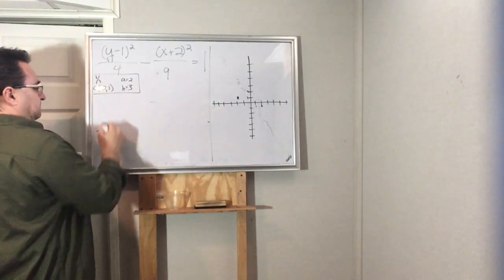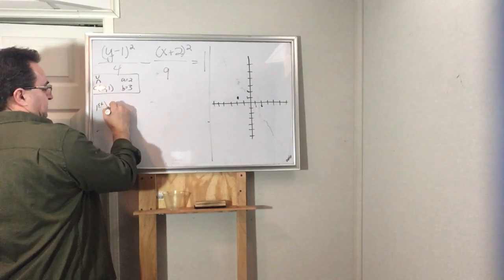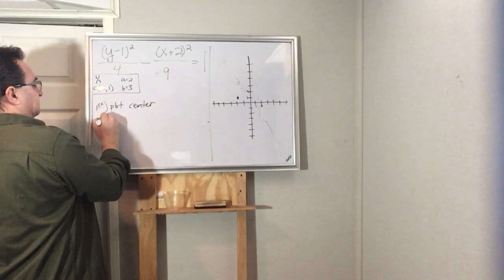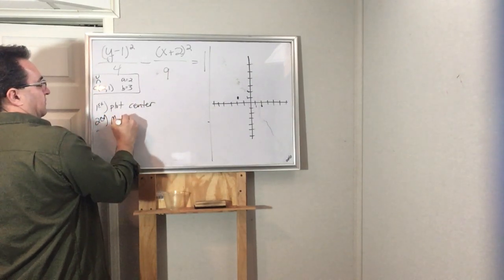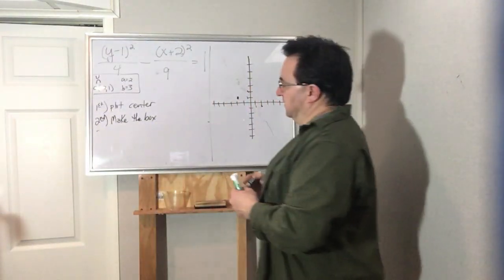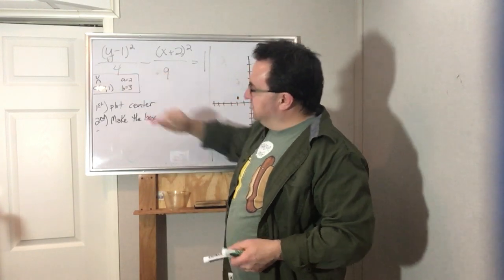Make that all small. First, if I'm graphing these, plot the center. Second, make the box. So how do I make the box? See how it's oriented up and down?